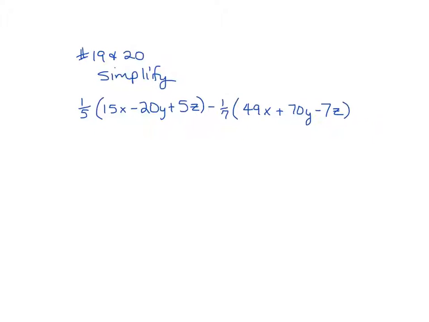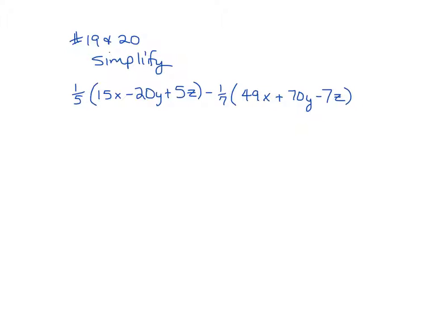So just sort of like the beginning, maybe a little bit more complicated. You're going to distribute. Again, think of 1/5 as dividing by 5. So 15x divided by 5 gives me 3x. -20y divided by 5 is -4y. And 5z divided by 5 or multiplied by 1/5 is just z. Now again, I'm going to distribute this -1/7.